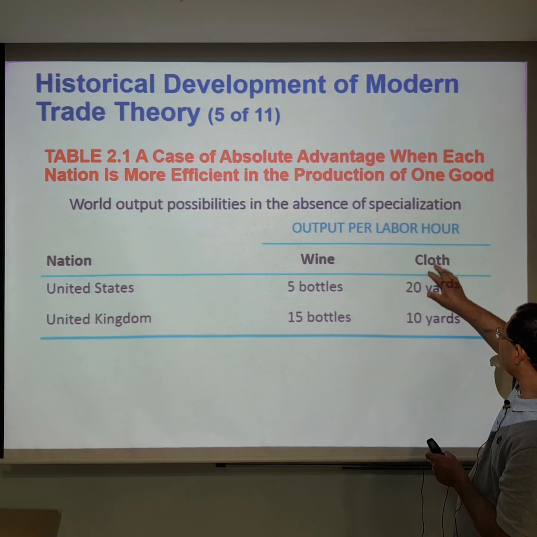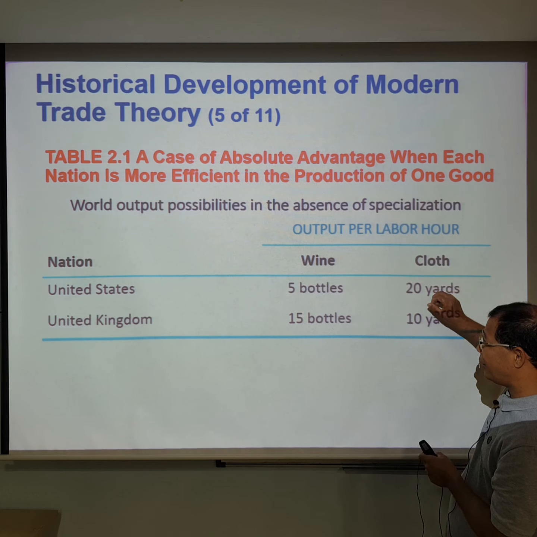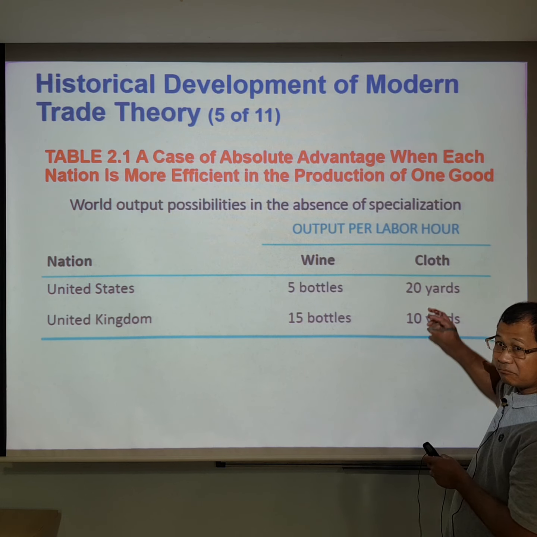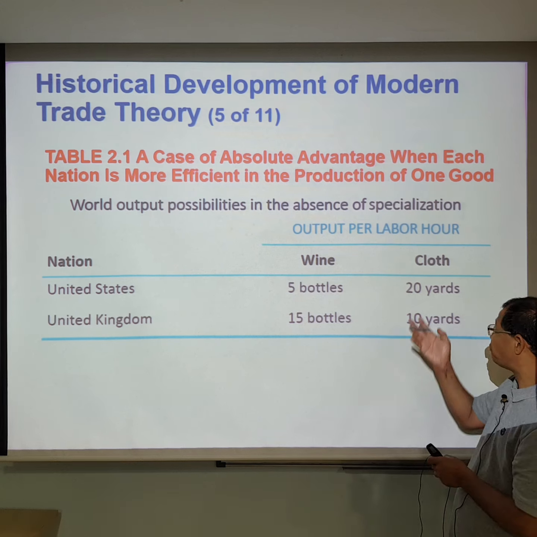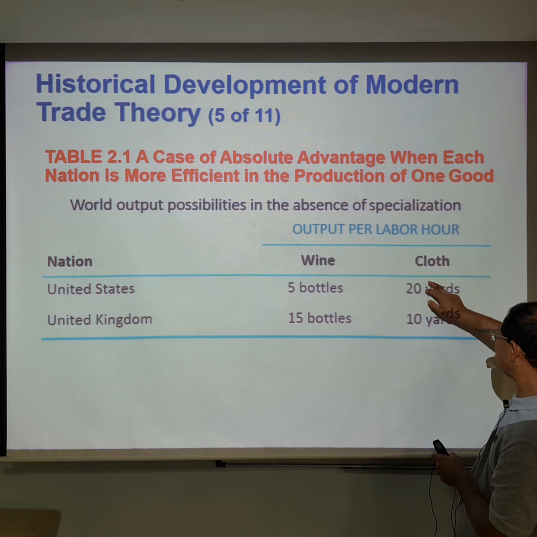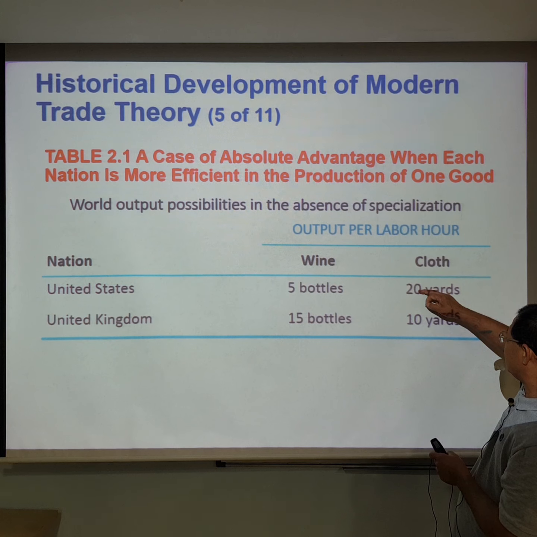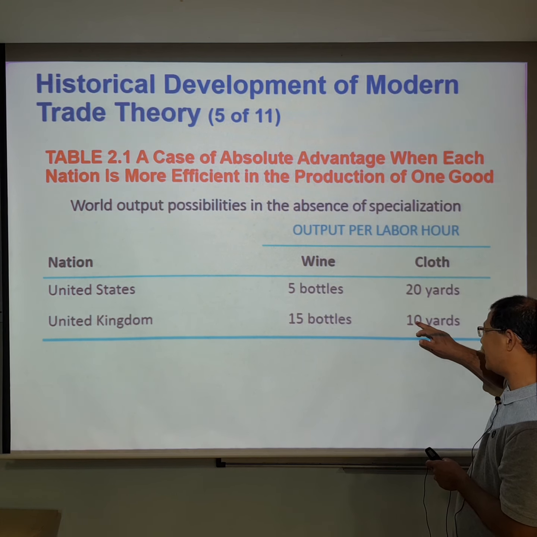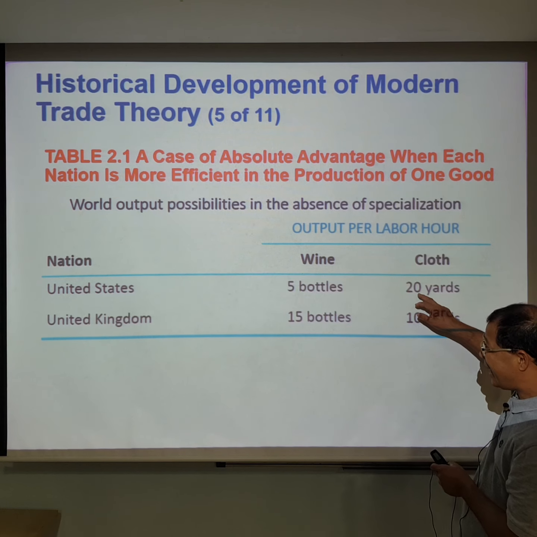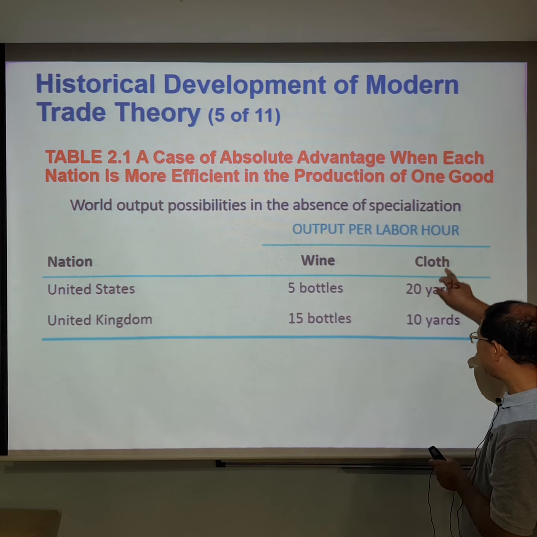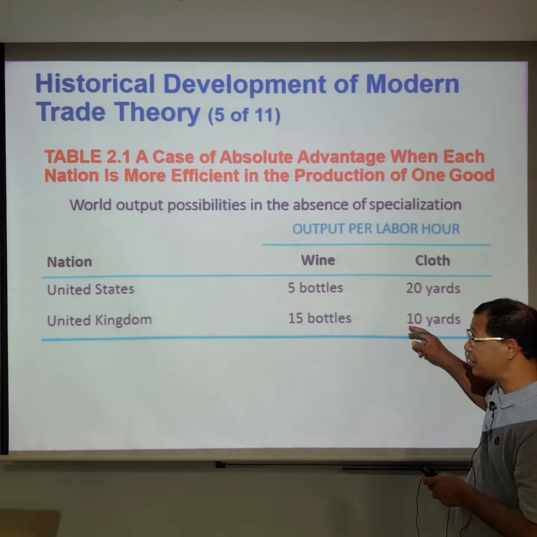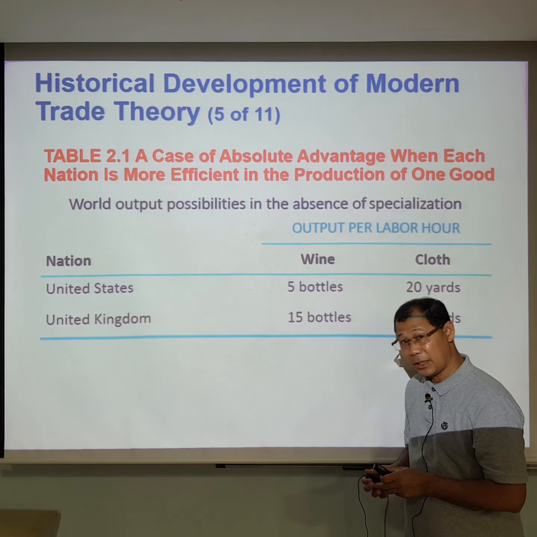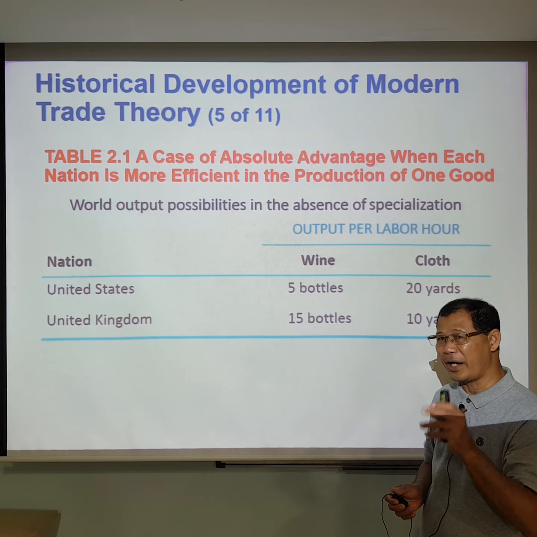Look at here clearly, the United States is a more efficient, less costly producer than the United Kingdom in clothing, meaning lower opportunity cost in clothing production. 20 yards compared with the UK, only 10 yards. So the United States has absolute advantage in production of cloth, while on the other hand, the UK has absolute advantage in the other product, wine, because 2 by 2 by 1, that's our model.